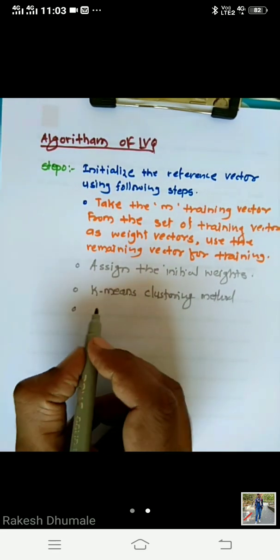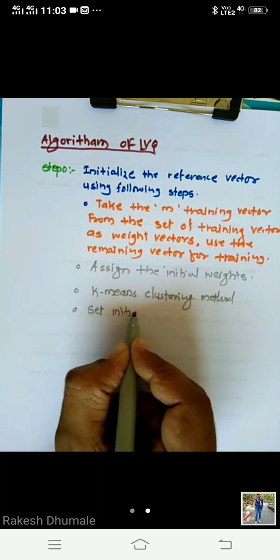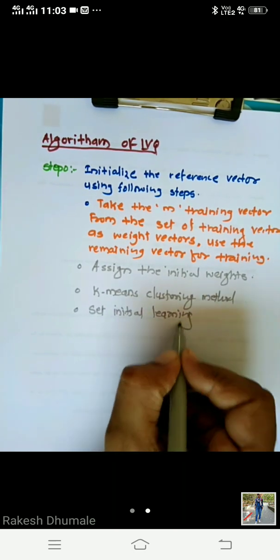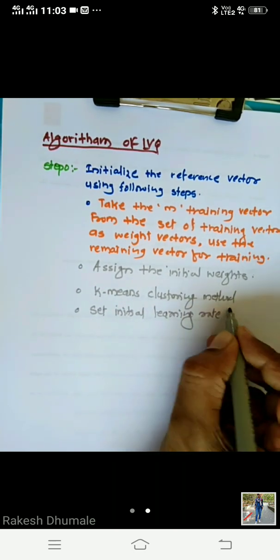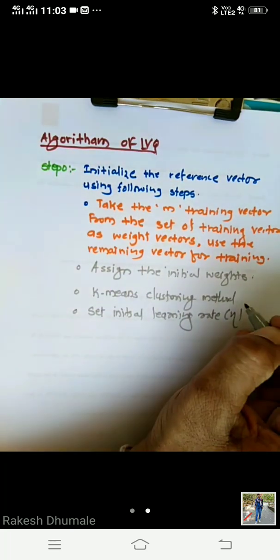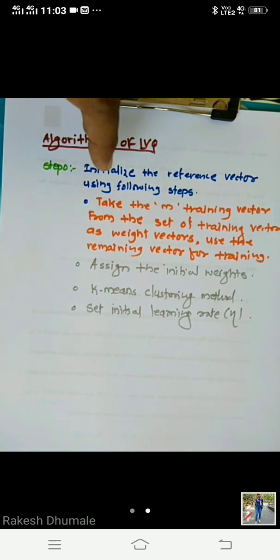Then the next one, set the initial learning rate, which is nothing but eta. So this is the first step, where we initialize the reference vector using the following steps. So this is the method.